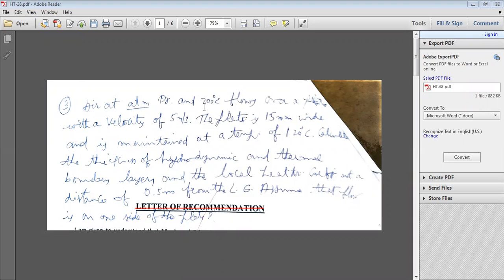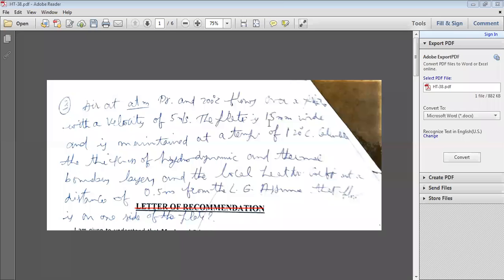So the air temperature is 200 degrees centigrade, that is T free stream, 200 degrees centigrade. It is flowing with a velocity of 5 meters per second, U free stream 5 meters per second.